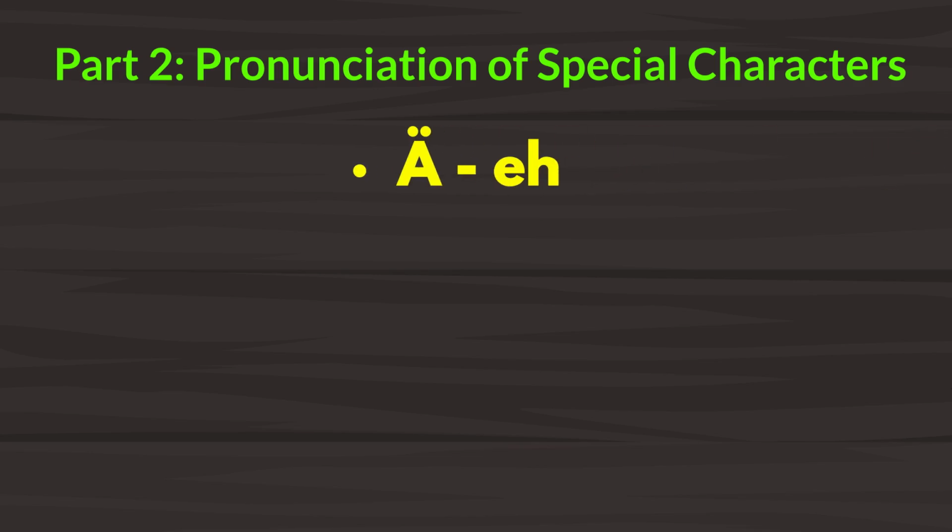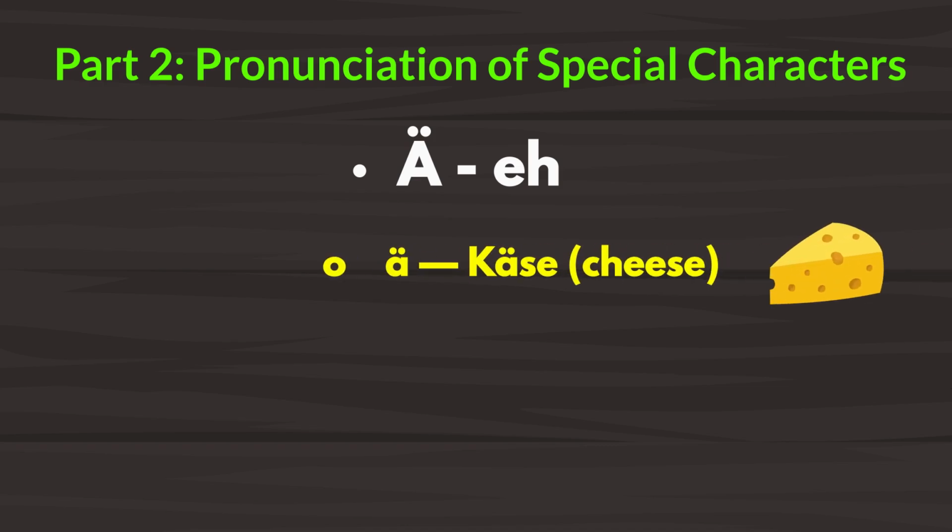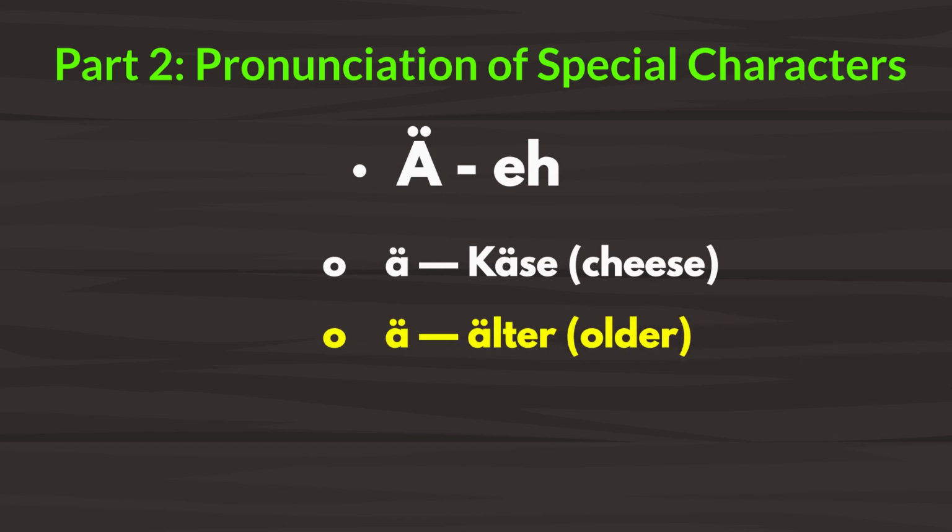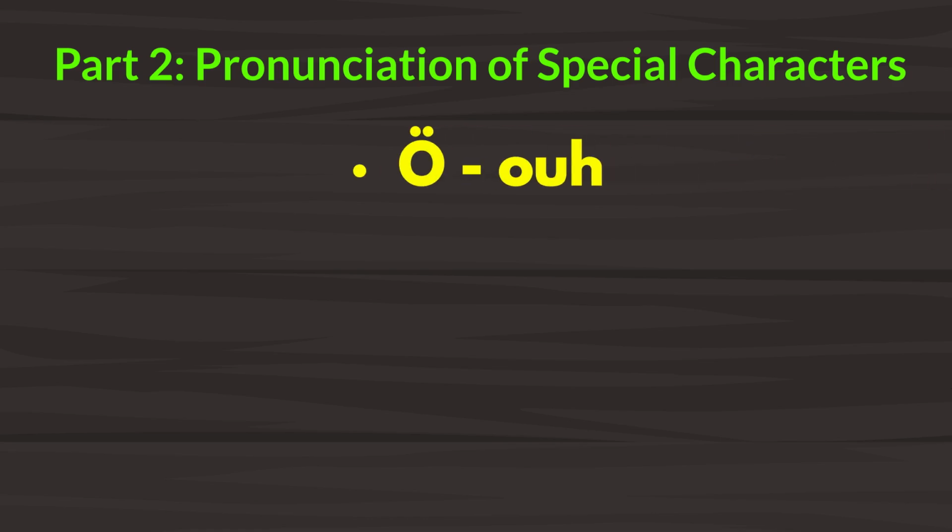First, A-umlaut sounds like the English "eh", but a bit longer. For example, Käse means cheese. Another example is älter, which means older. Next, O-umlaut sounds like "uh", but with rounded lips.